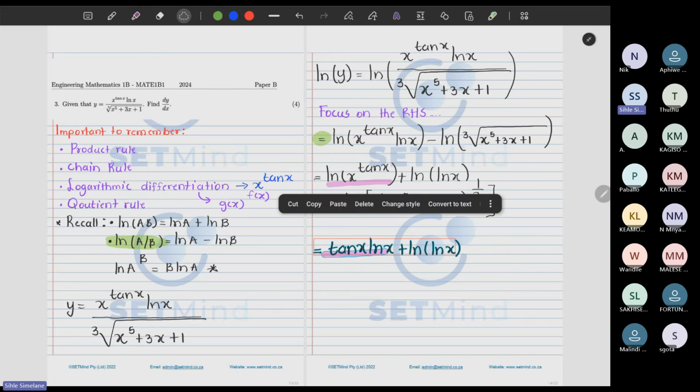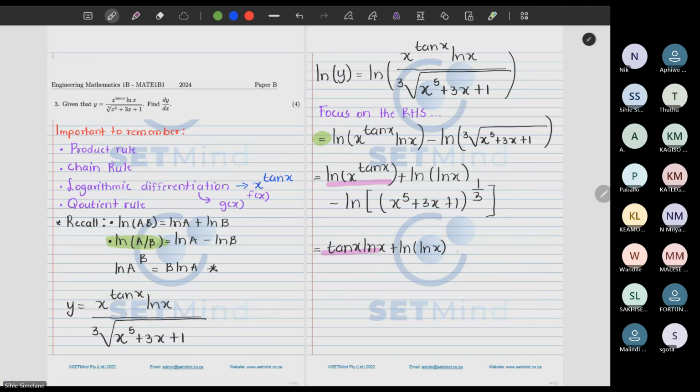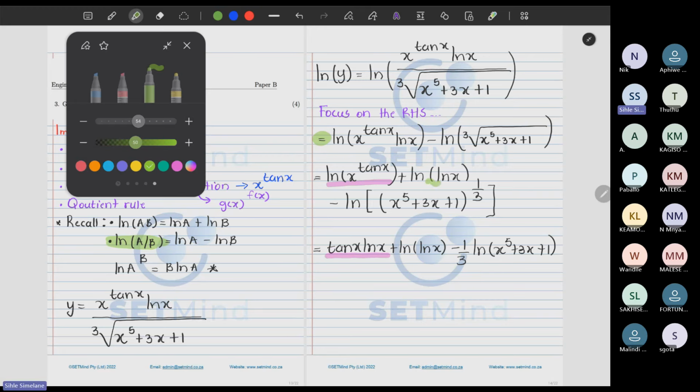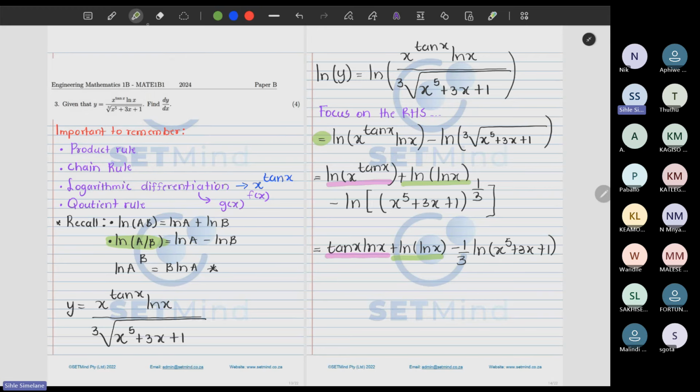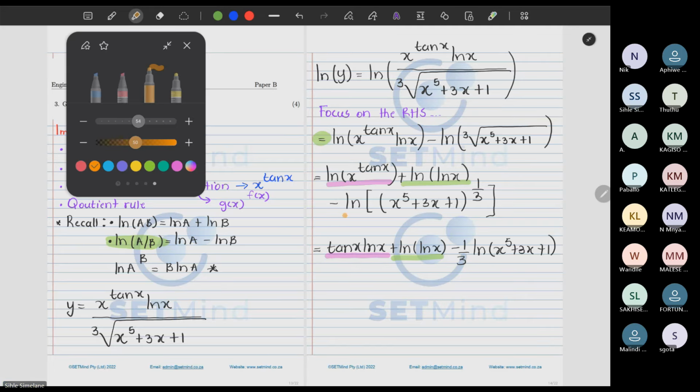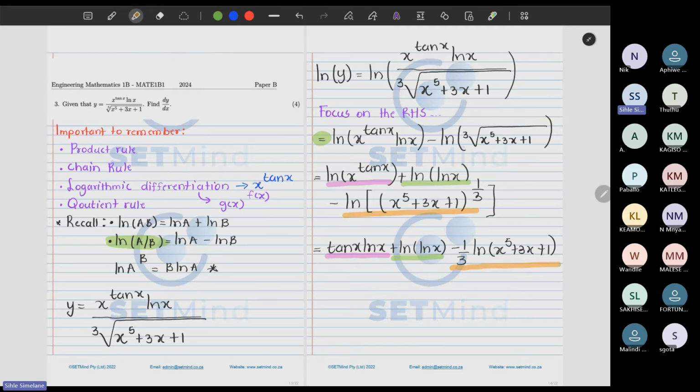So let's put down that 1 over 3. It will come out and be negative 1 over 3, and then ln of x to the 5 plus 3x plus 1. Do you guys understand? Thumbs up if you do. Question if you don't. So this one is this one, and this portion is now that one.